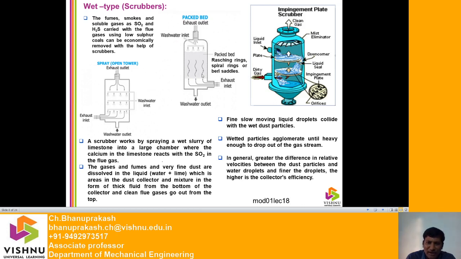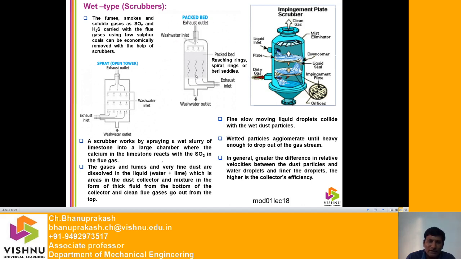See here, fine slow moving liquid droplets collide with the wet dust particles. See, these are the wet dust particles. In general, there is a greater difference in relative velocity between the dust particles and water droplets, and finally the finer droplets will be collected at the bottom.